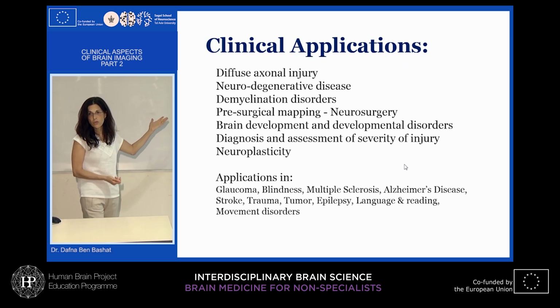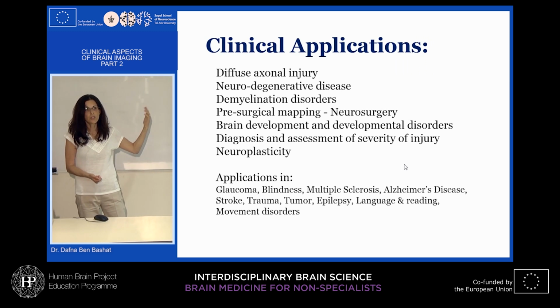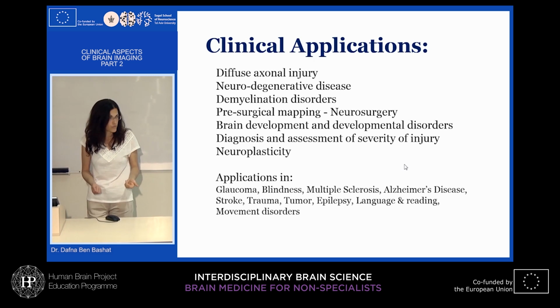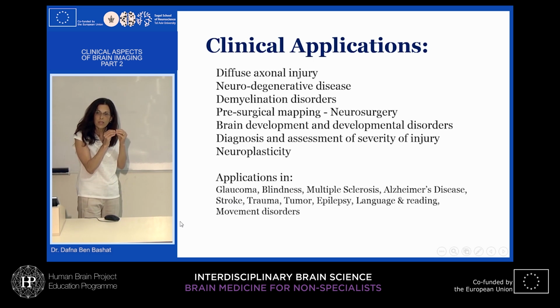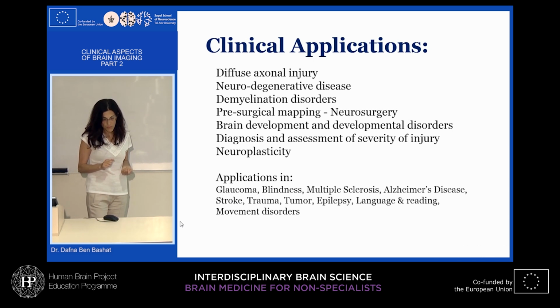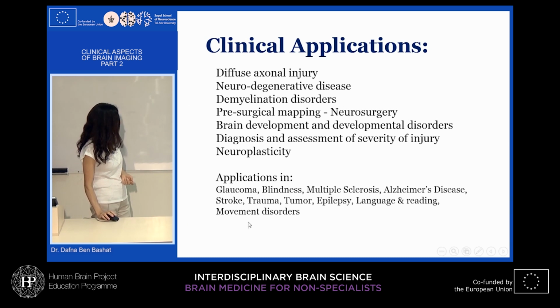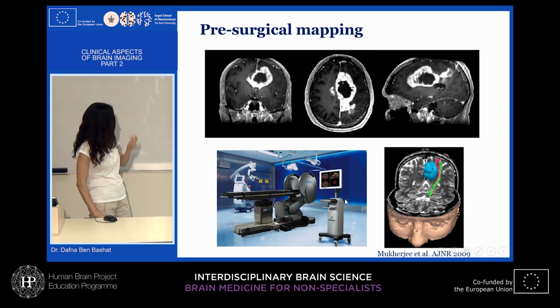And of course, if we are talking about neuroplasticity, understanding changes in structural connectivity is very important. So there are a lot of applications for this method, for understanding glaucoma. We can really see the optic nerve and see differences in its maturation, blindness, multiple sclerosis, Alzheimer's disease, and a lot of applications. So just a few examples.